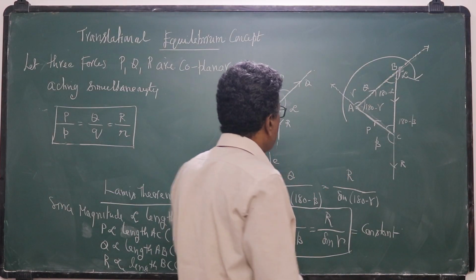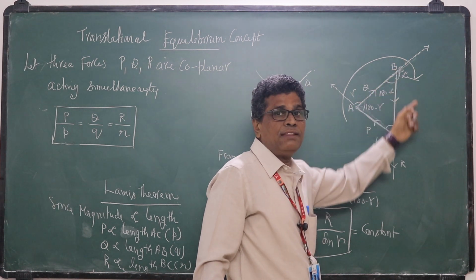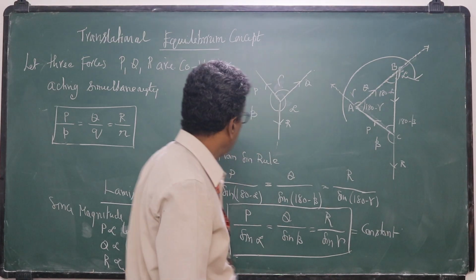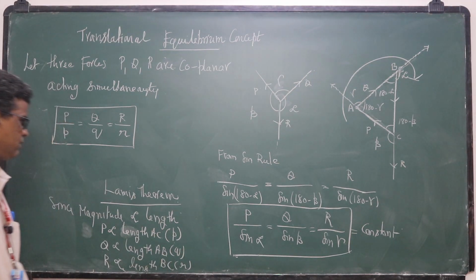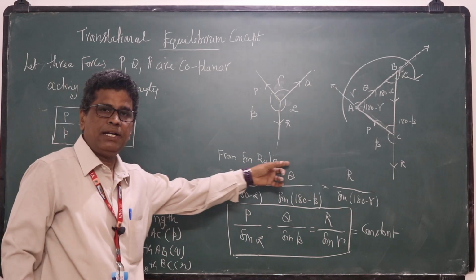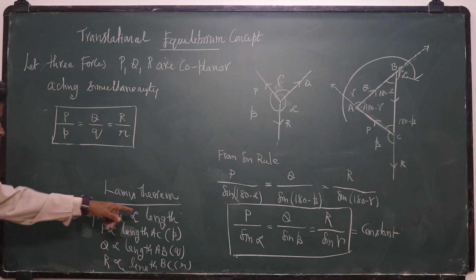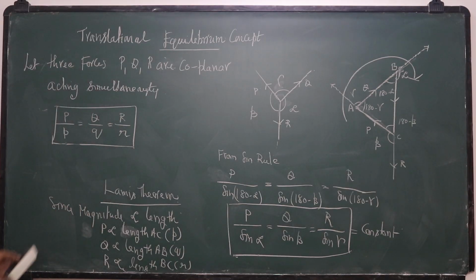The magnitude of these forces is proportional to the length of its sides. So this we can also call the triangle law. Or, using the mathematics sine rule, this theorem we can call Lamé's theorem.